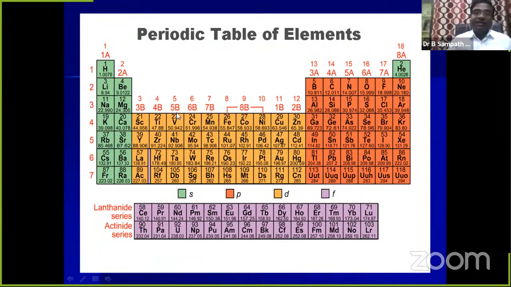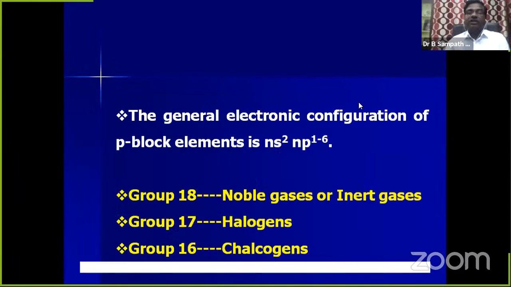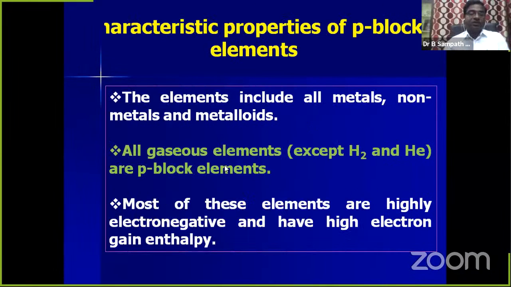Among these 11 gases, hydrogen and helium are s block elements, and the remaining gases are p block elements only. So all gaseous elements except hydrogen and helium are p block elements.